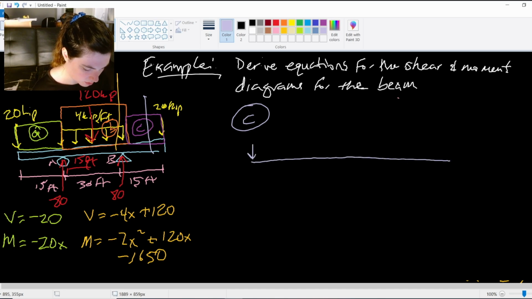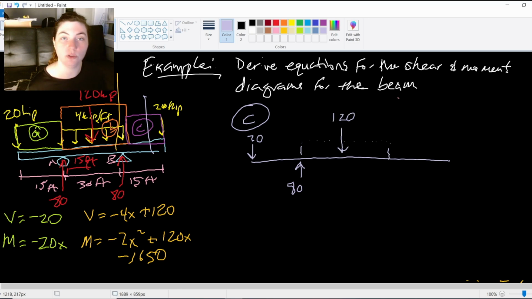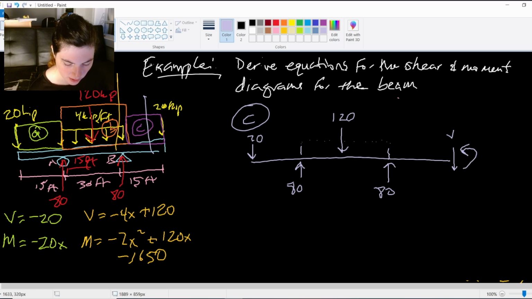So we have the 20, the 80 reaction force, the distributed load, although now we can simplify it from a distributed load to just being that 120 because we're including that full load now, right? We're cutting after that load. So we have our 80 and then we make the cut after that load. It does not include the 20 that's on the far right end, right? We're not cutting down that far yet. So we're just cutting somewhere before there.